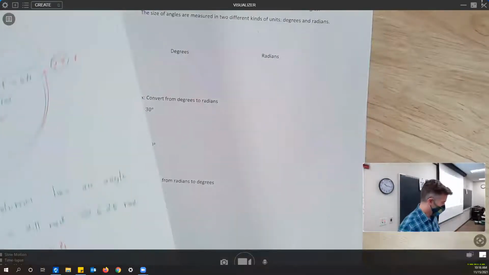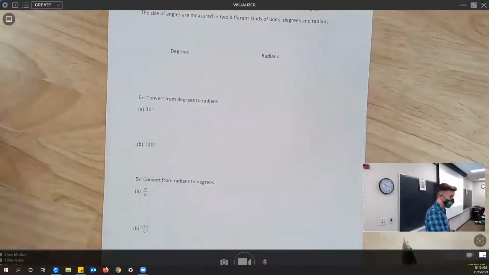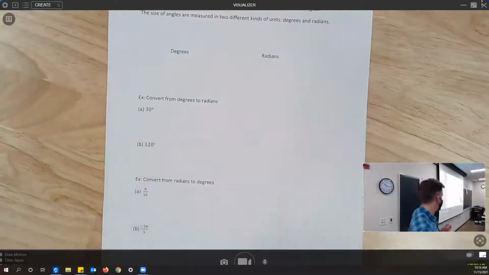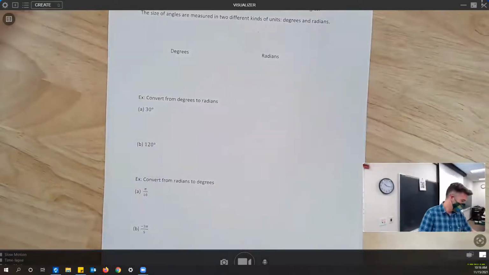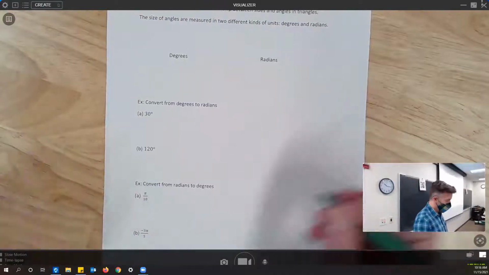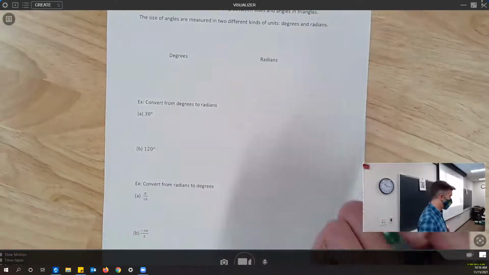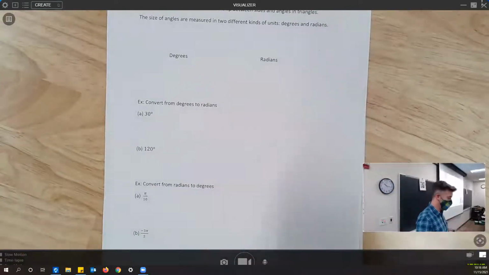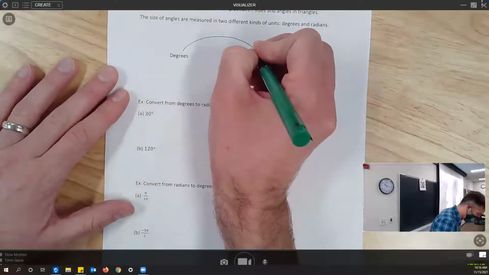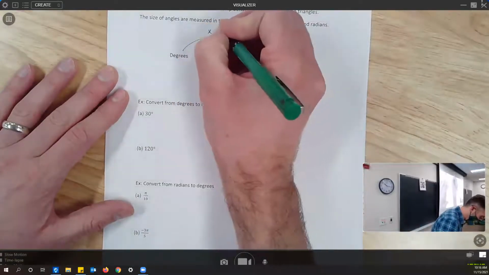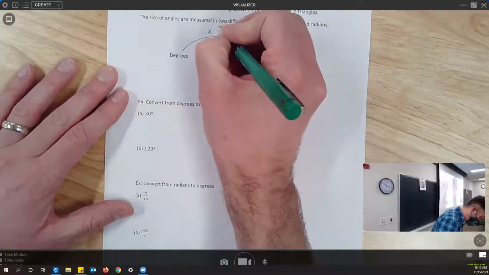Okay. So that's kind of the hard understanding part. The rest of it is the less terrible calculation part. I know calculation is not always fun, but it's not so terrible. To go from degrees to radians, you could multiply by 2 pi over 360. We usually like to reduce that fraction and make it pi radians over 180 degrees.